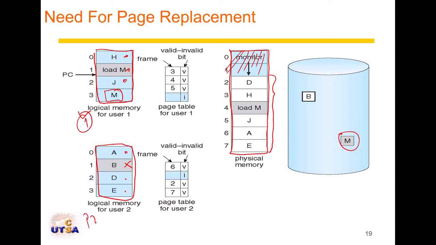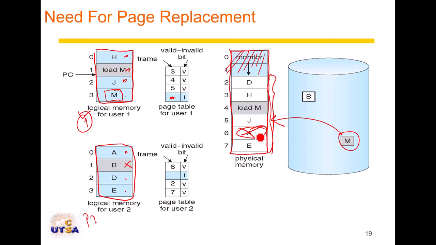But now, let's say one of the instructions we are trying to run here wants to load some data from page M, and page M is not in the physical memory. To be able to execute that instruction, I need to get that page from the hard disk into the physical memory. But now the physical memory is filled up with all the other frames. So the way to do it is to pick one of these, right? Let's say I'm just picking one randomly, okay, let's pick that one.